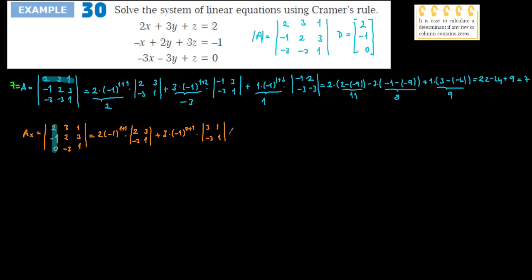Then the last one is 0 times minus 1 to the power of something, but since it is 0, everything there is equal to 0. That's why I'm going to continue with the result.